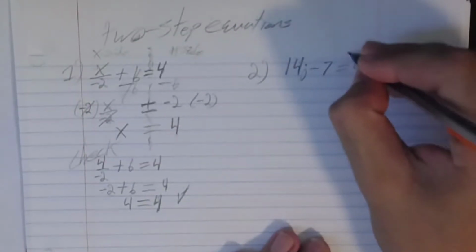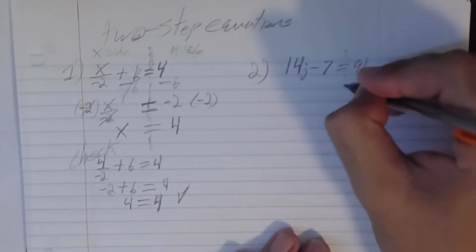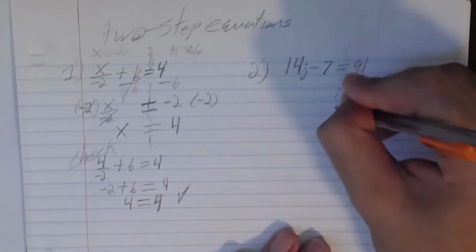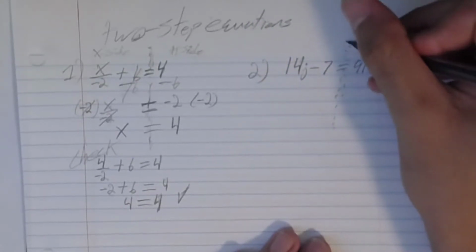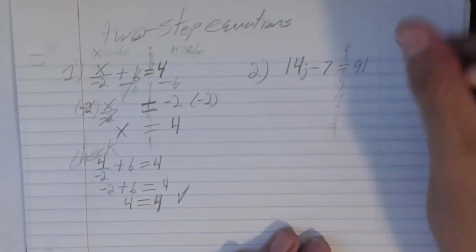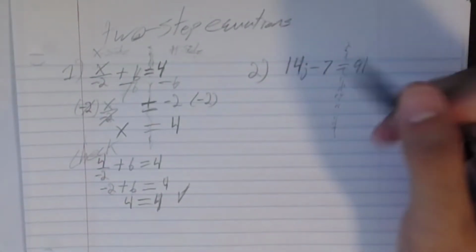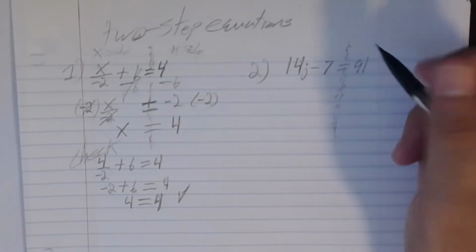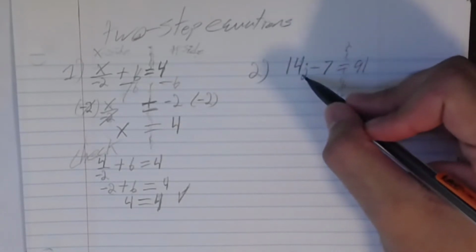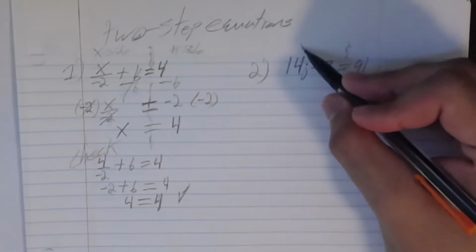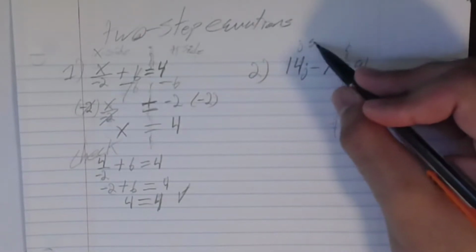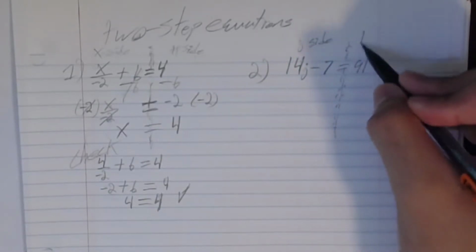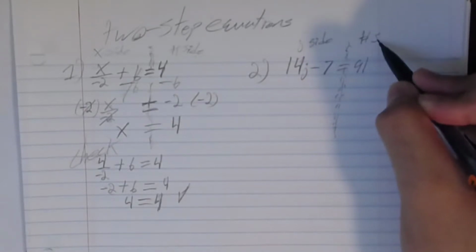Same thing. I'm just drawing the line. We have to decide which side we want our j to be. Since the j is over here, I'm just going to put the j side as this side, and this side to be the number side.